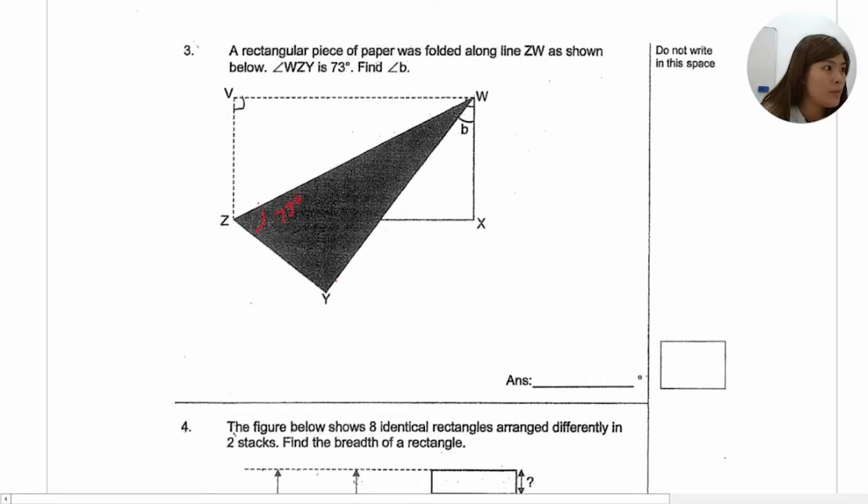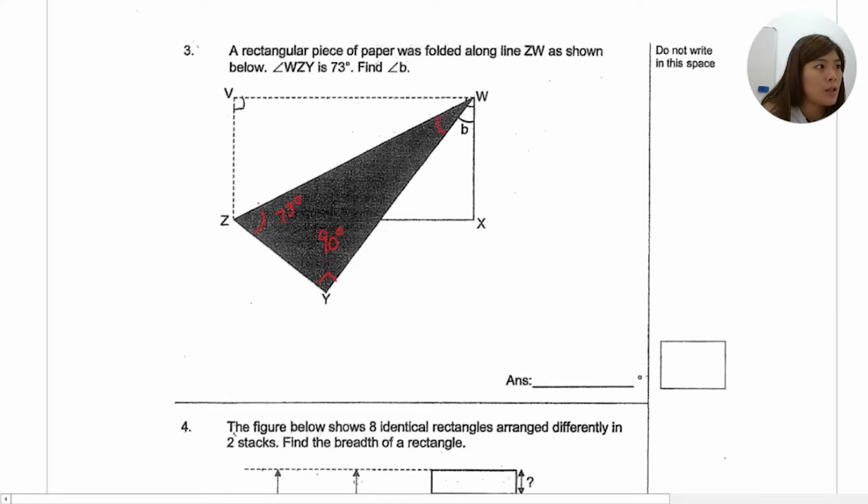Since the paper is folded along line ZW, you can imagine that the 90 degrees is actually here. So the first step is to find what is here first.